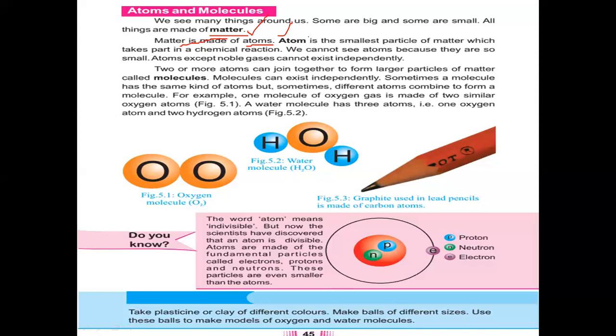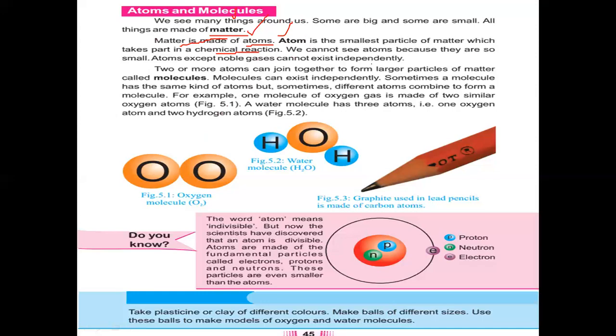So here we will talk about atoms in detail first, and then we will see how molecules are made from the atom. An atom is the smallest particle of matter which takes part in chemical reactions, because atoms are the things by which different chemical reactions take place.